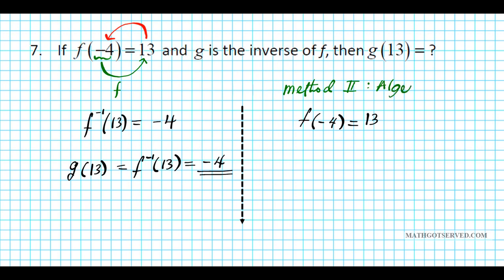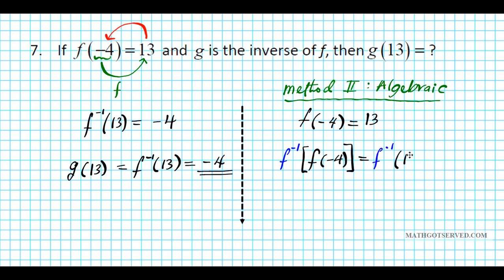We're going to get the same answer. I just want to show you a different way of doing it. Now I'm going to take the inverse of f of both sides. So f inverse of the left side of my equation, let me form a new line. So I'm going to have f inverse of the left side, which is f of negative 4, equals f inverse of 13.